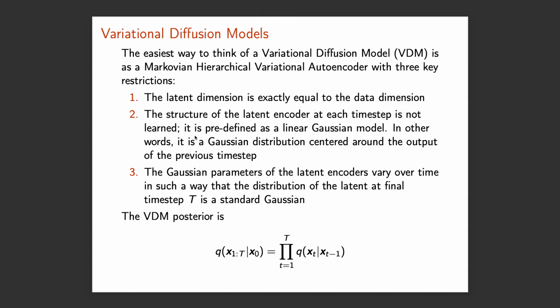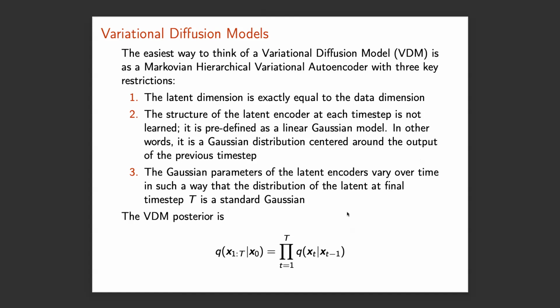This is a standard approach, and it's predefined as a linear Gaussian model. So it's a Gaussian distribution centered around the output of the previous step. So it means that you're making a small perturbation for every step for these encoder functions. And the hope then is that when you do this in many, many time steps, it reaches a stable distribution. And this is the final distribution, which is then also a standard Gaussian.